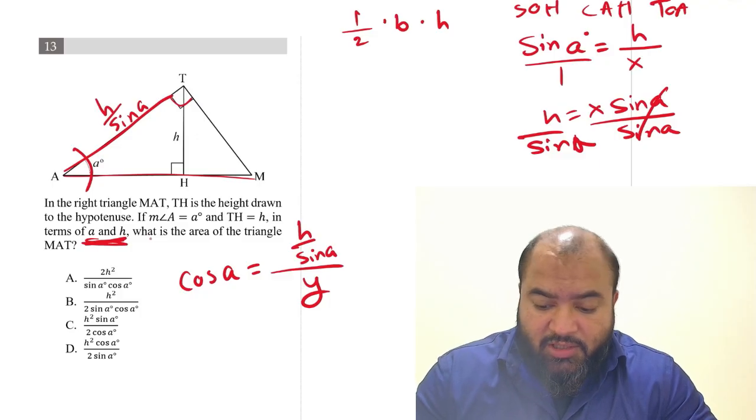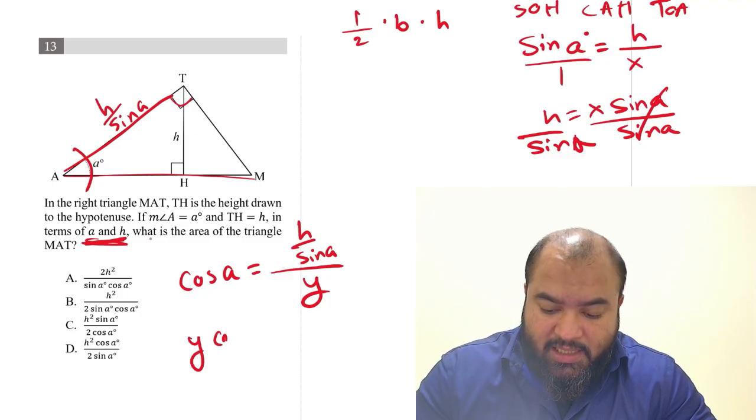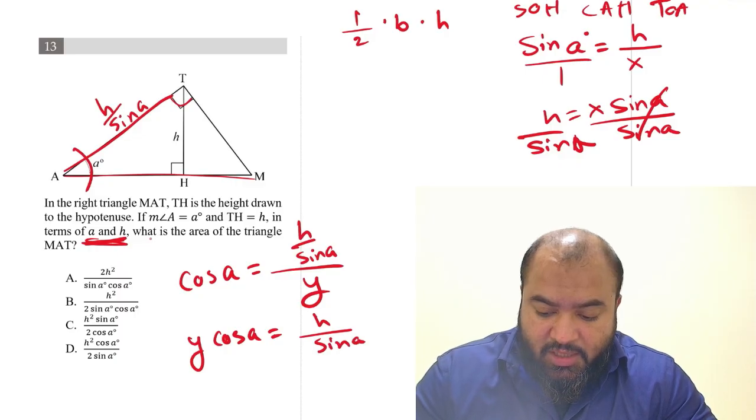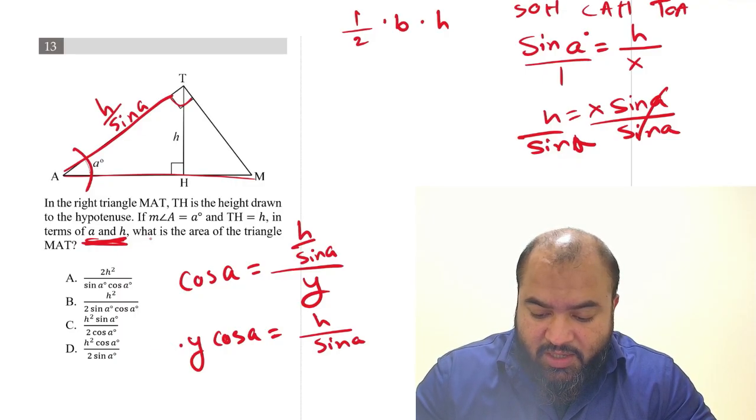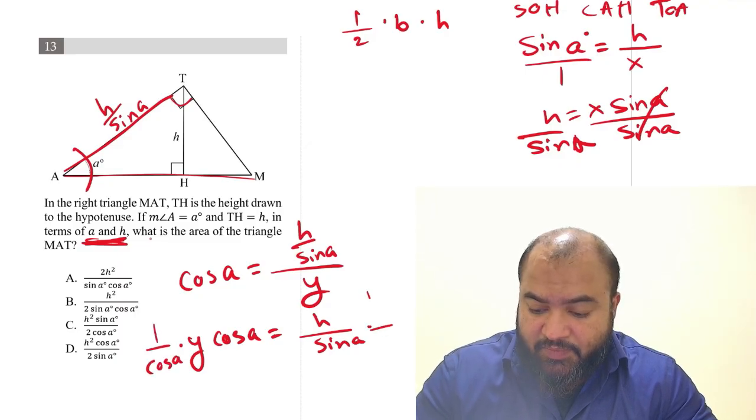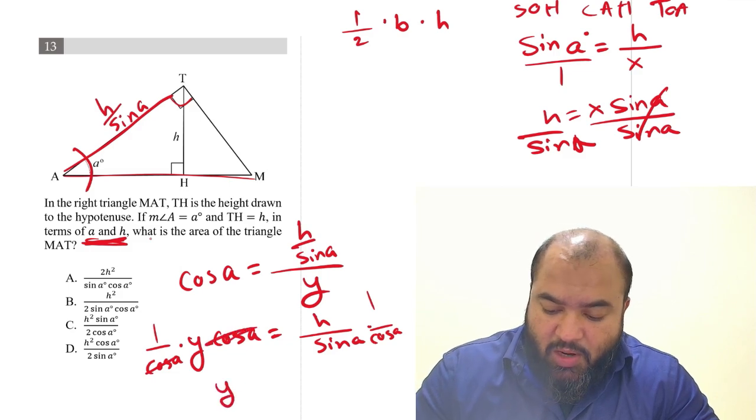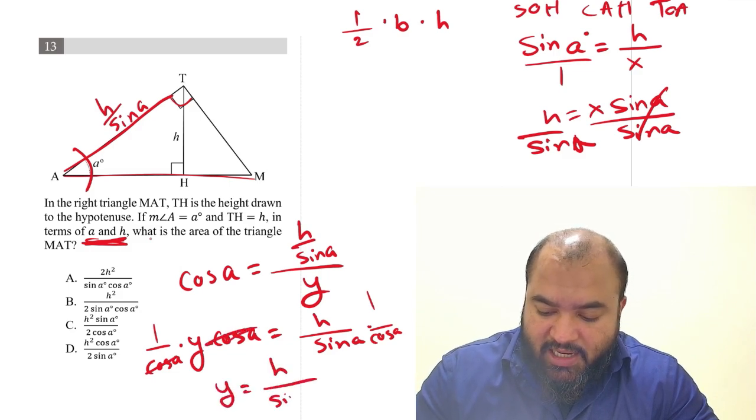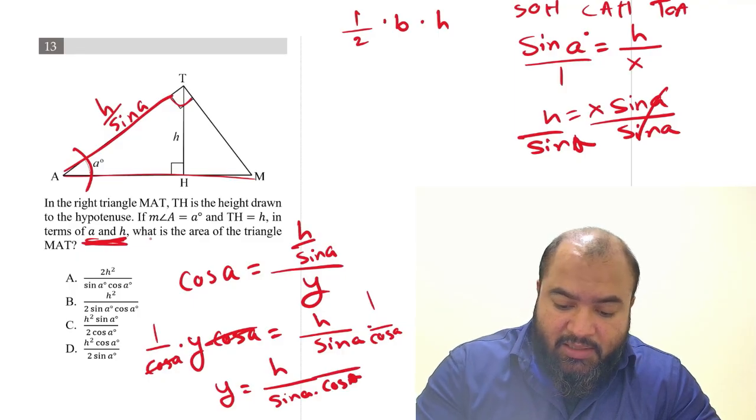Now, if I cross multiply, y times cosine A equal to h over sine A. Now we're solving for y, so I can times it by 1 over cosine A both sides. So cosine cancels out here. So y equal to h over sine A times cosine A. And that's this one.